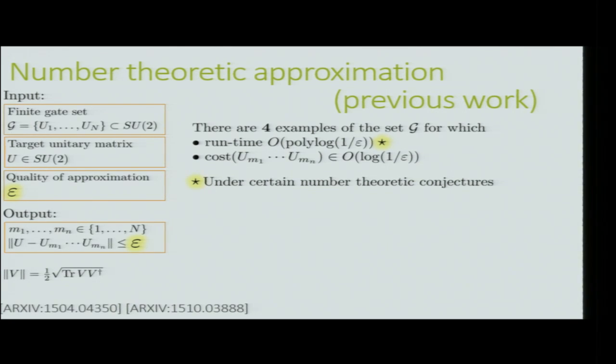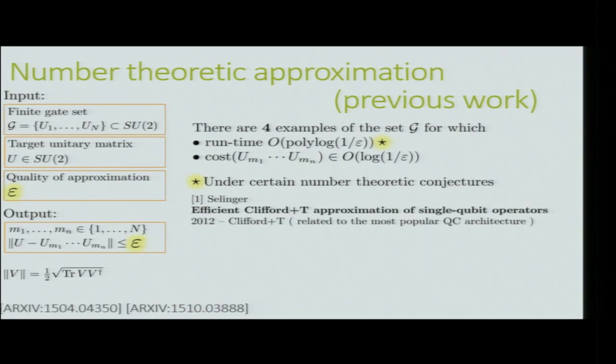But the statement about the runtime of this algorithm, and even about its termination, is subject to certain conjectures. Hopefully later I will be able to talk about this in more detail, because our work wasn't able to get rid of these conjectures and still relies on more general versions of them.